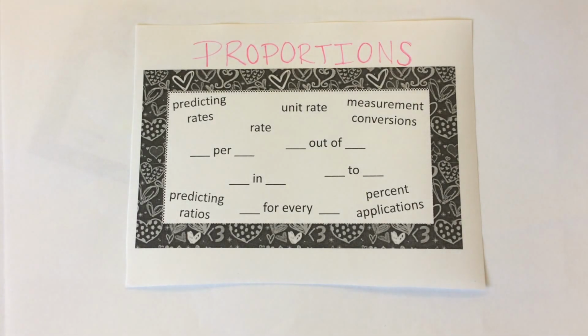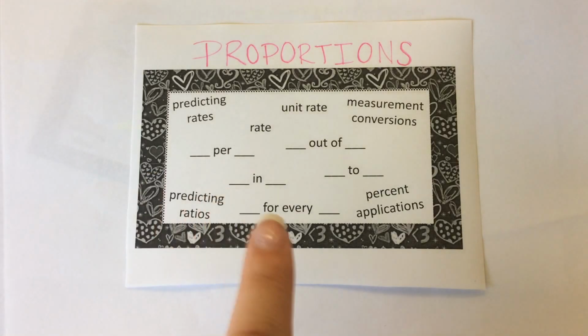If you look inside this box, all of these words indicate that you're going to be using a proportion. If you are predicting rates, or if you are predicting ratios, you need to use a proportion. If there is a measurement conversion, use a proportion. If it's a percent application problem, use a proportion. The words rate, ratio, unit rate, use a proportion.